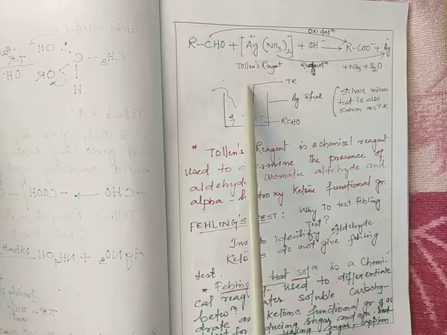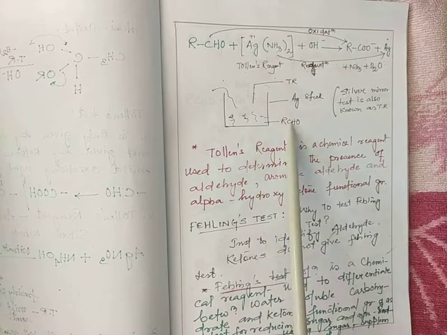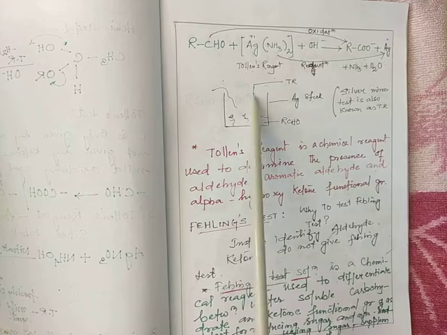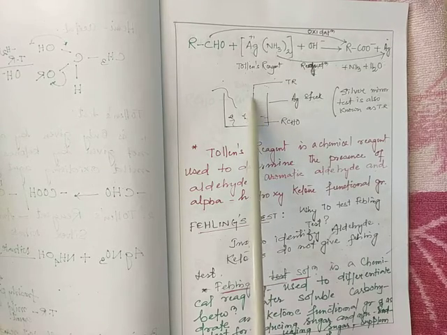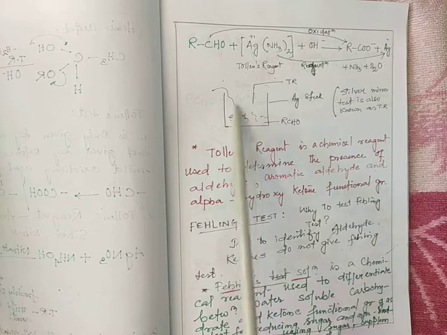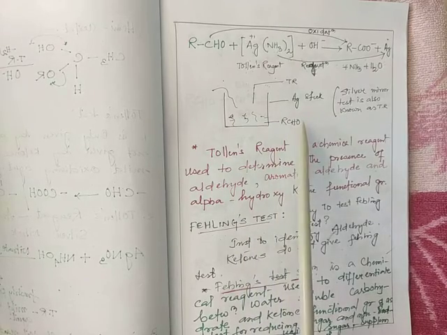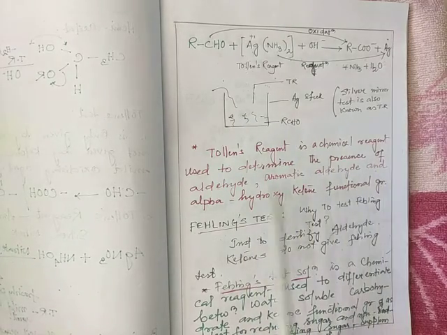So that silver mirror means the silver nitrate is mixed with this one, and in this stick what we will see is a silver mirror test, silver mirror only, and that we call TR, that is Tollens reagent.